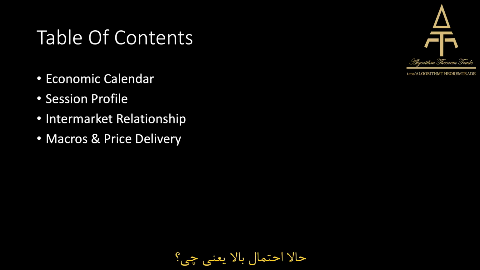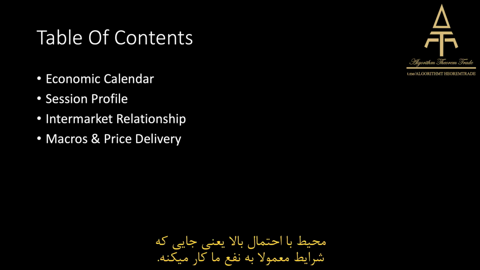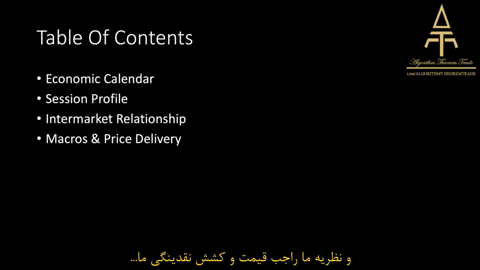High probability being the following. A high probability environment is an environment in which the odds are in our favor, meaning that there is a high chance of our thesis, of our draws for liquidity, being right, being correct.